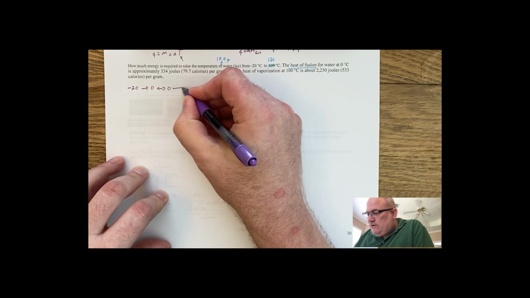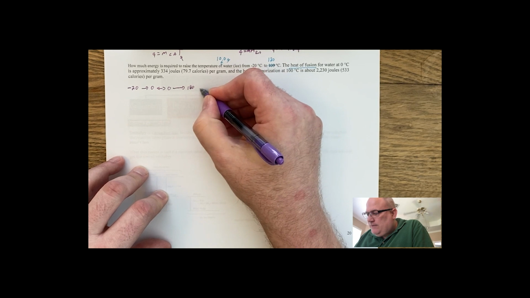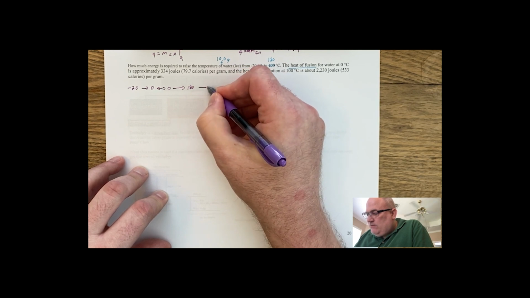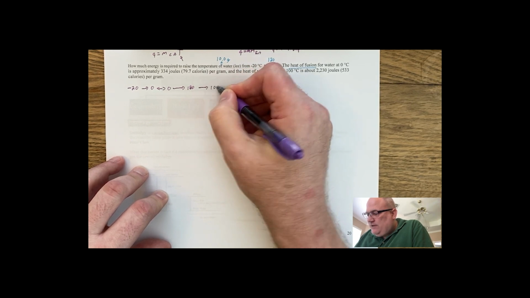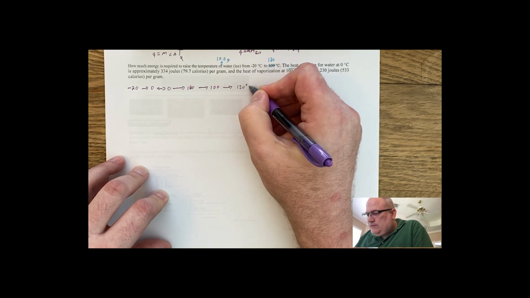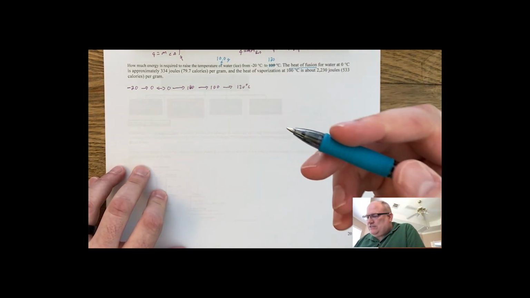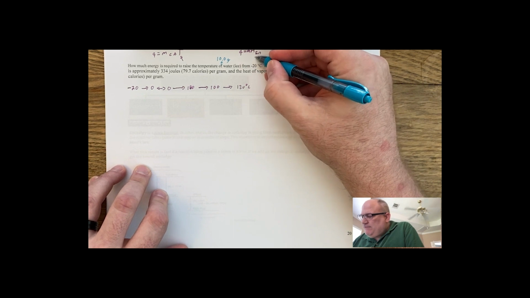And then we're going to have to go from 0 to 100. I don't know why I wrote 110. And then we're going to have it stay at 100. And then we're going to have to go from 100 to 120 degrees Celsius. Also, as I looked at this problem afterwards, I did not do any justice to significant figures here. Let's pretend that everything has 3 sig figs, even though I've not done it correctly.